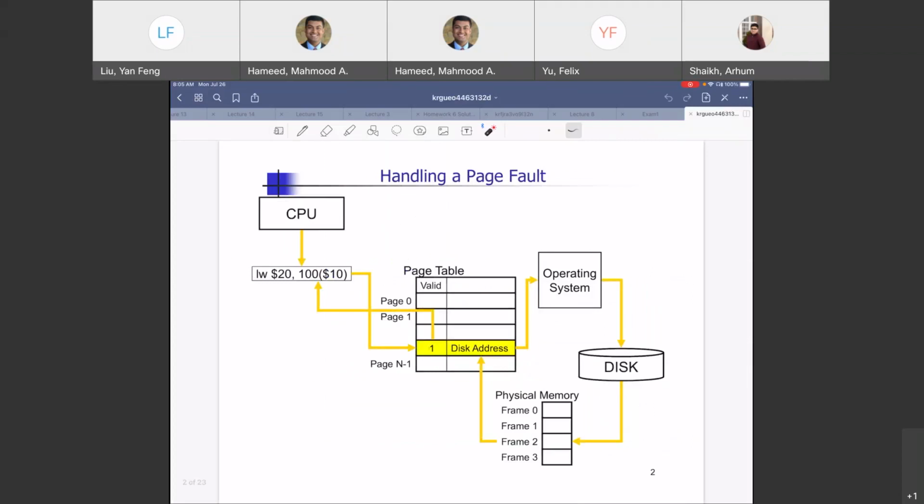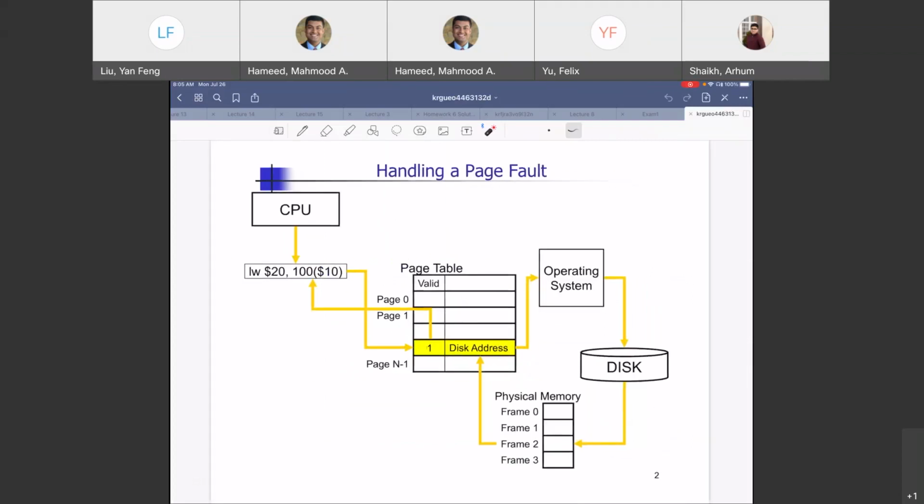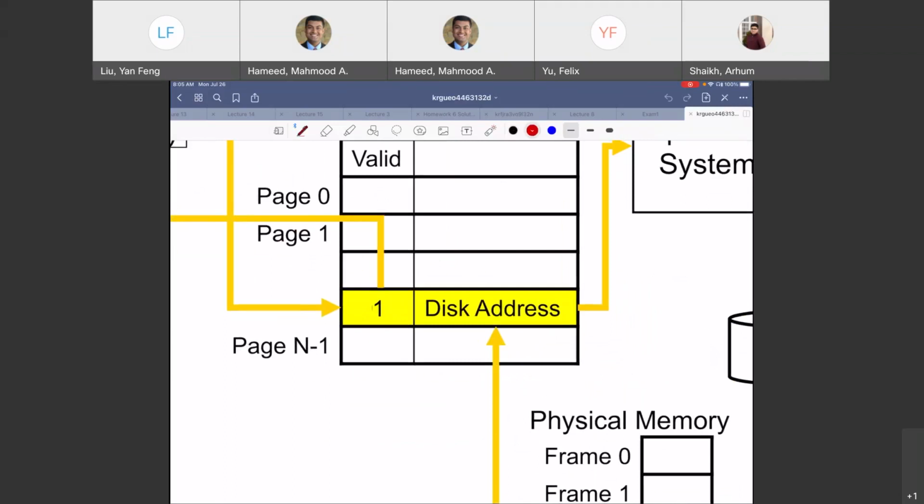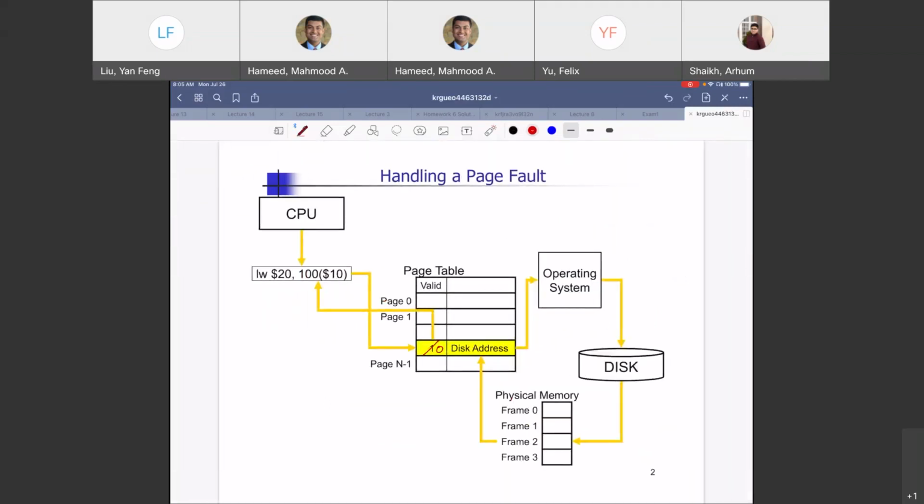So just to give you guys a quick recap here, instead of starting with a 1, let me start with a 0 here. So how do you handle a page fault? Well, let's say we have an instruction, some load word instruction that the CPU generated for which we need to access the memory. Clearly, we do, right? Because load word is a memory access. We are loading a word from the memory. So where do we look for the memory?